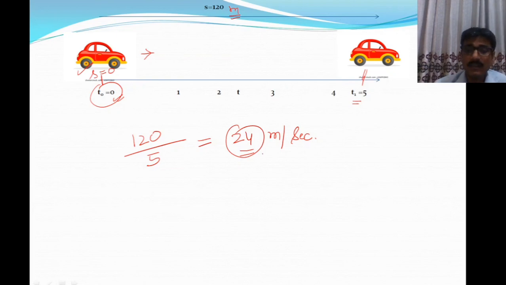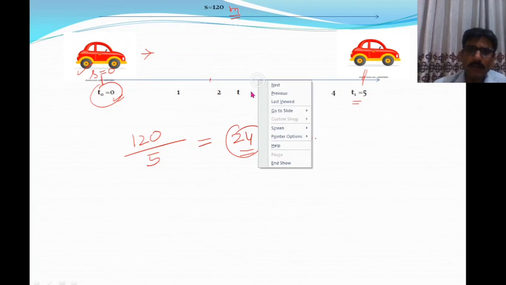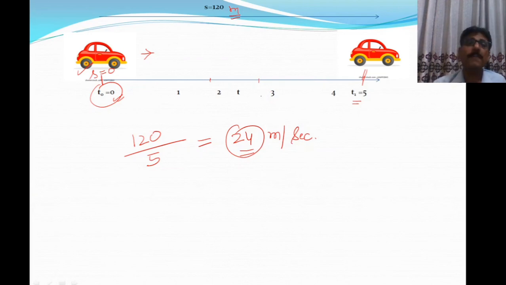Therefore we are saying that the speed is 24 meter per second. That means if we are talking about this point, the speed is 24 meter per second, and if we are talking about this point, it is again 24 meter per second. But in a real life situation it is not.